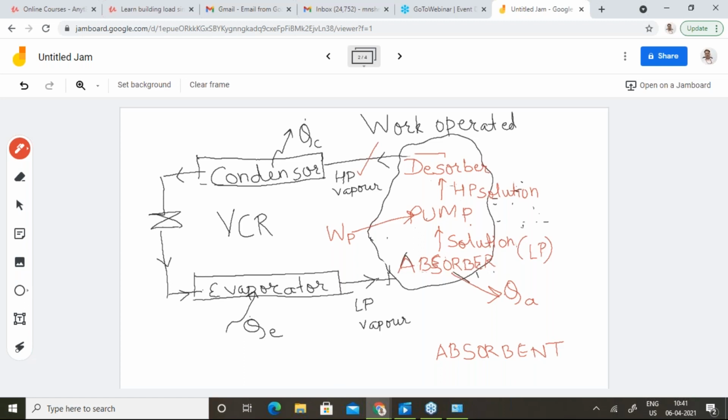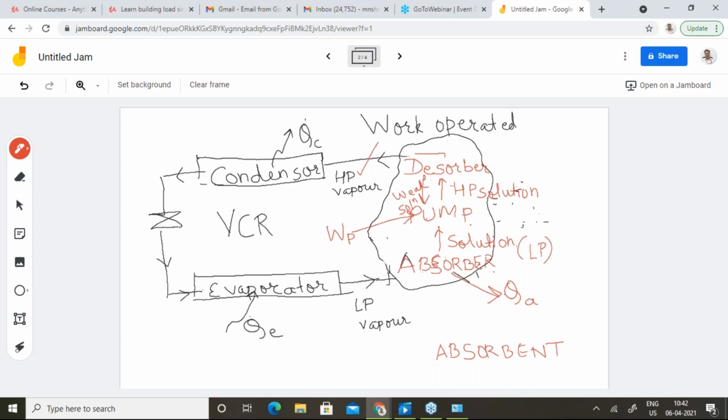Okay, and for the liquid solution, the remaining solution, we'll use the terms weak solution and strong solution. I will define that shortly, but for the time being, just remember that it is a weak solution which is going to come back.